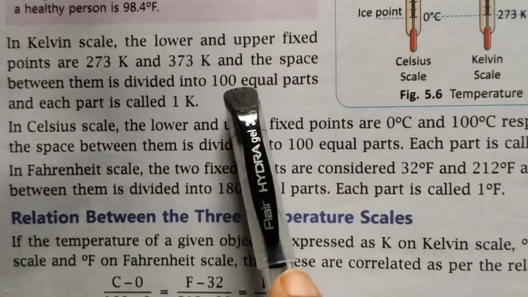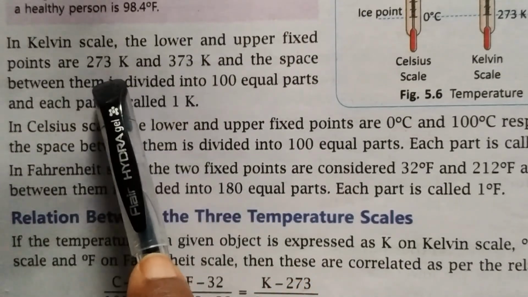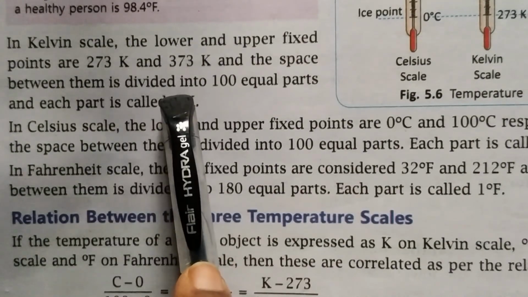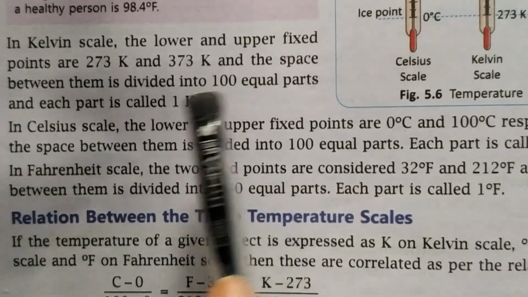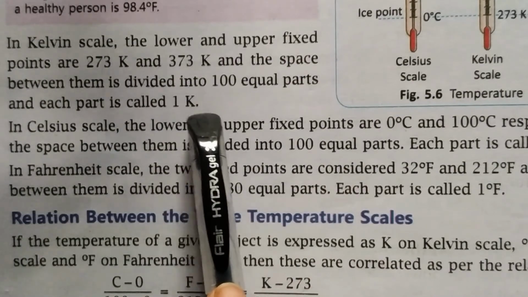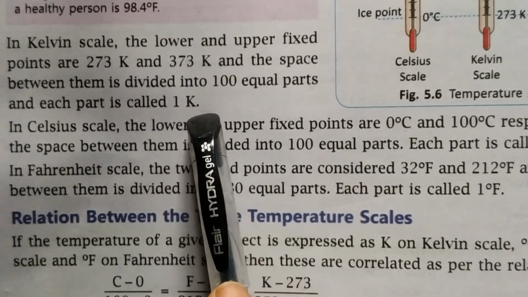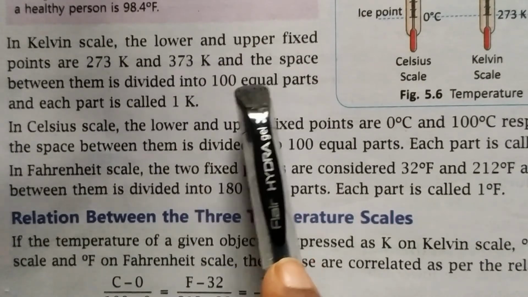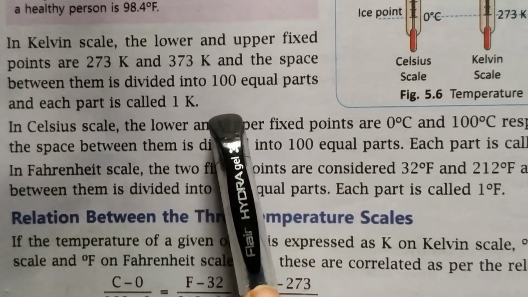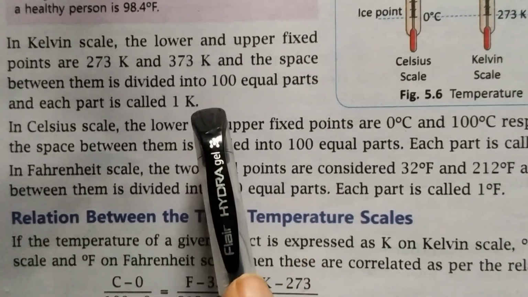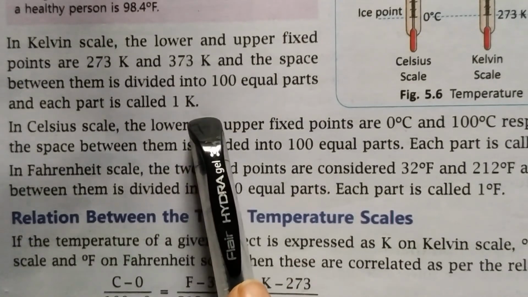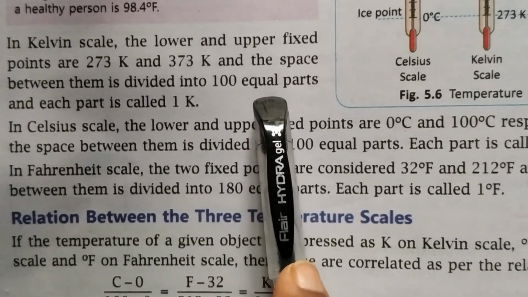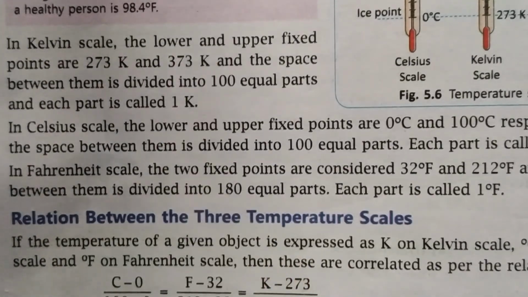The space between the fixed points in the Kelvin scale is divided into 100 equal parts, and each part is 1 Kelvin. Just as in a centimeter scale each centimeter consists of 10 millimeters, here too 100 equal parts are there, and each equal part is 1 Kelvin.